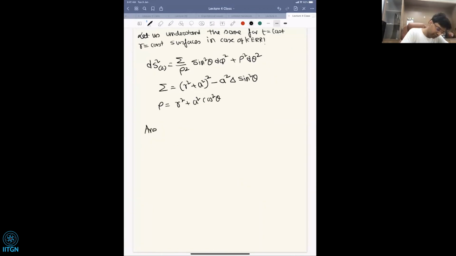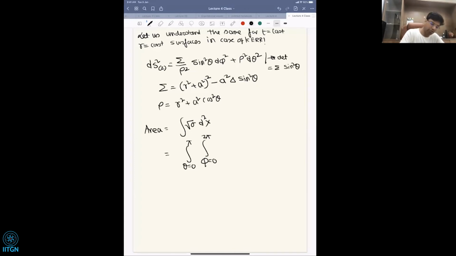Area, the definition remains the same: the integral of square root of sigma d2x, and therefore this is equal to the integral theta from 0 to pi, integral phi from 0 to 2 pi. These are the usual ranges of the spherical coordinates. If you calculate it, the determinant is equal to sigma sine square theta.